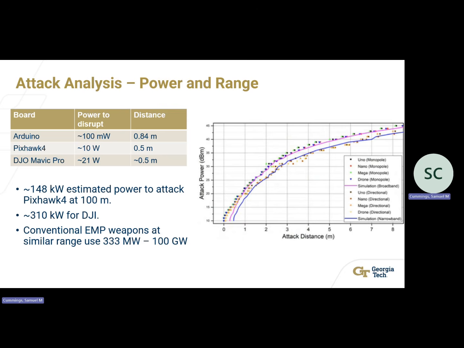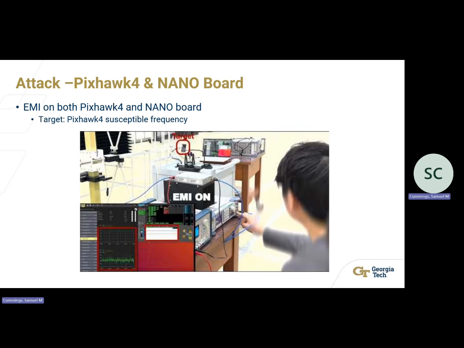So you could see that only the Pixhawk 4 data was affected. The Nano board was not, and this is ideal. This shows, say you have an enemy swarm of drones, right? But you at the same time have your allied drones up in the air.